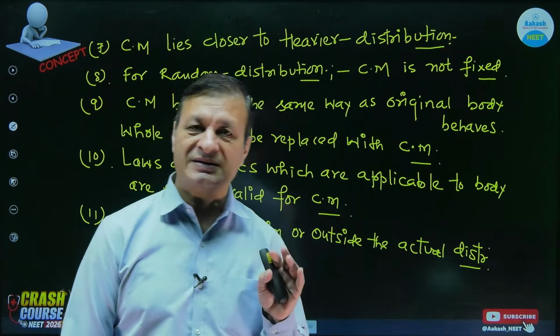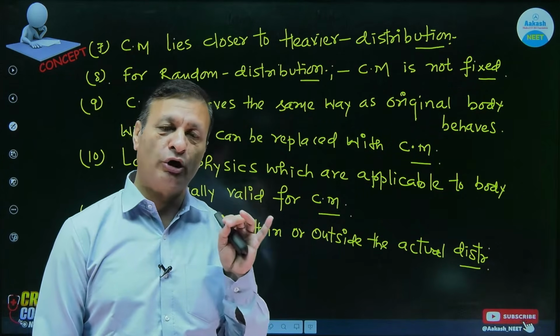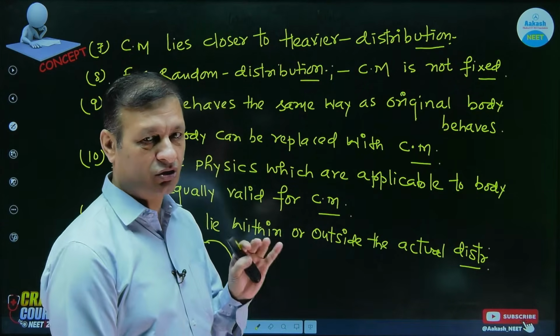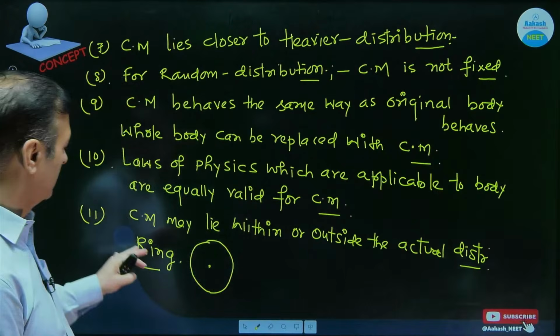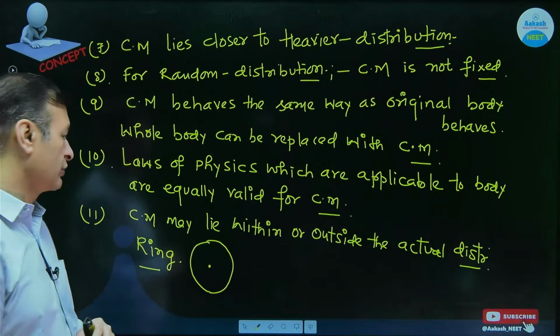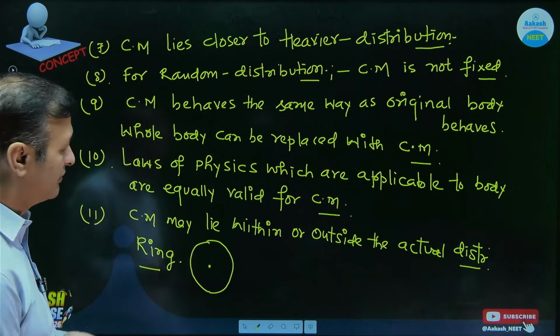Center of mass is not a mass, it is defined as a coordinate point where the whole mass of the body is supposed to be concentrated. Got it? So center of mass may lie within or outside the actual distribution, and the best example is a ring.